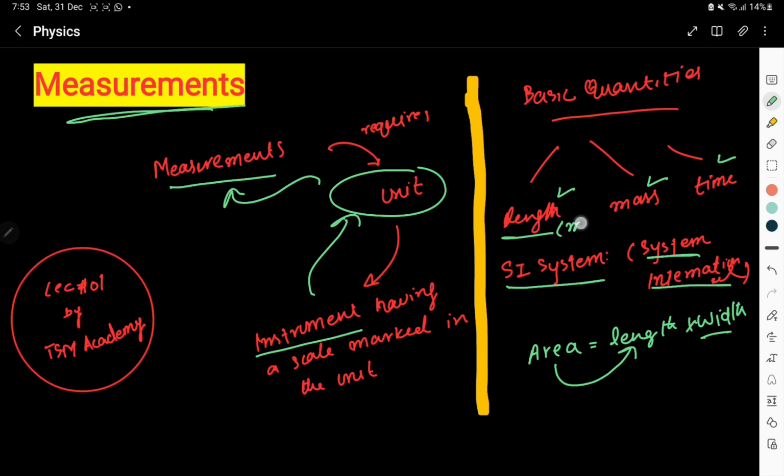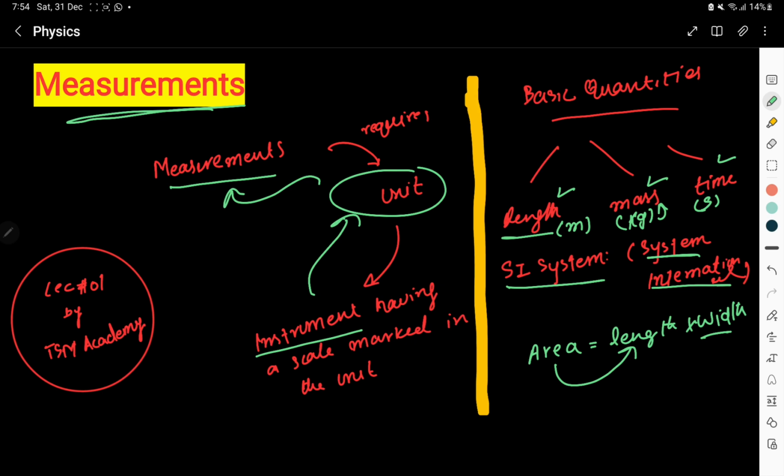Meter is the SI unit of length. For mass, the system provides us kilogram. Kilogram is the SI unit of mass. And for time, this system gave the unit second. We can't use centimeter, gram or millisecond as an SI unit for these quantities. For these quantities, the SI units would be meter, kilogram and second.